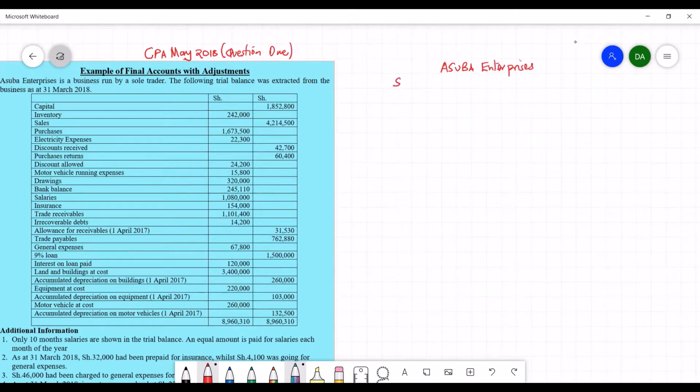Statement of profit or loss for the year ended 31st March 2018.